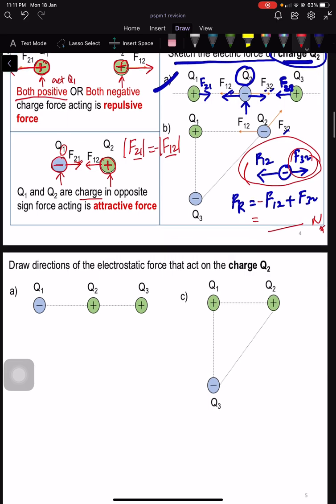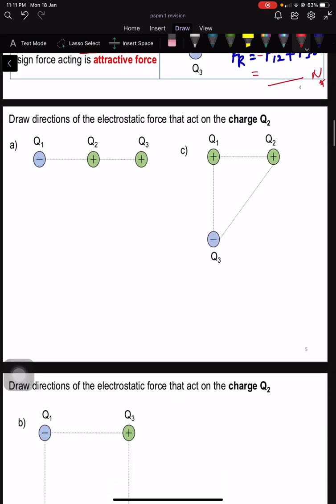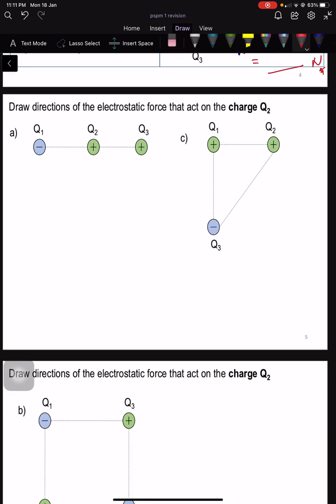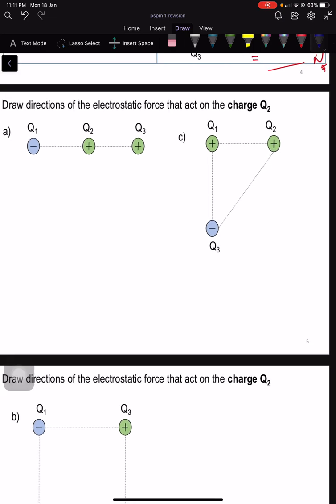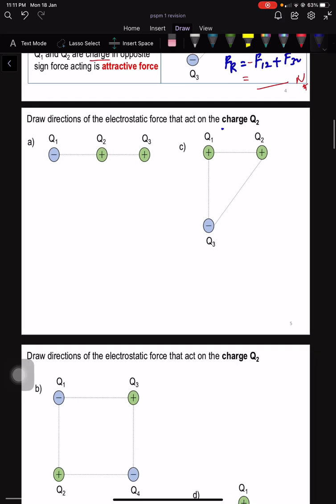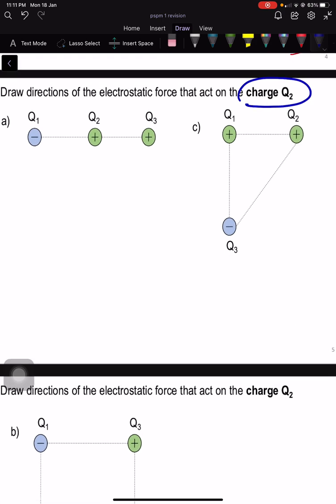Okay? So let's try another example. Draw the direction of the electrostatic force acting on charge Q2. How about I change this one to Q3? Let's say Q3. So here, how do we draw? First you check the force relation between 1 and 3.